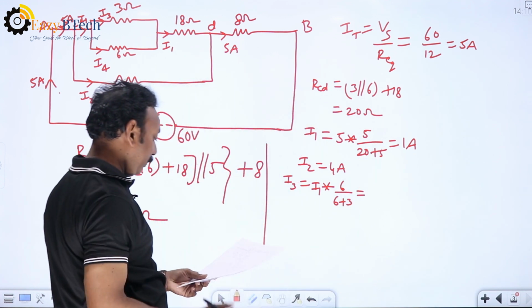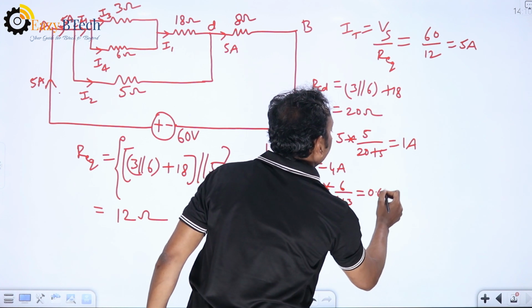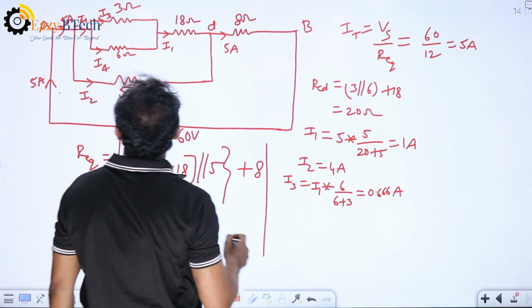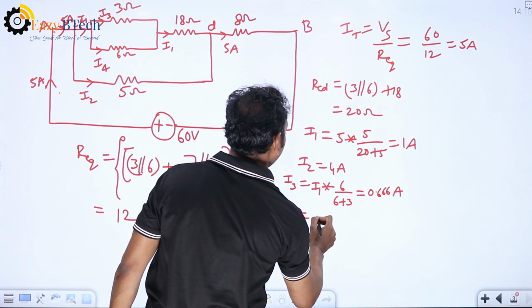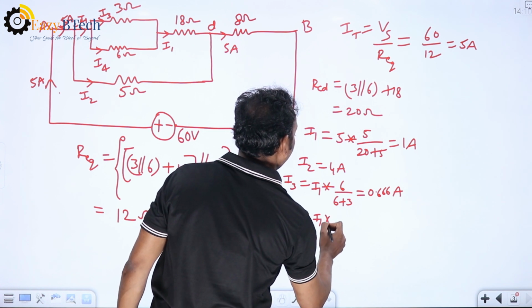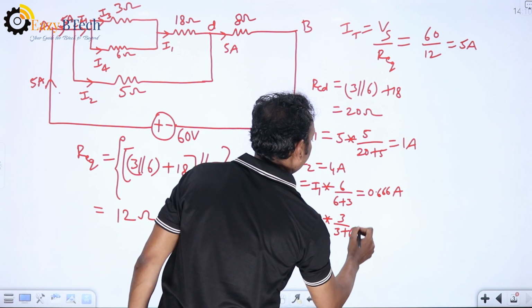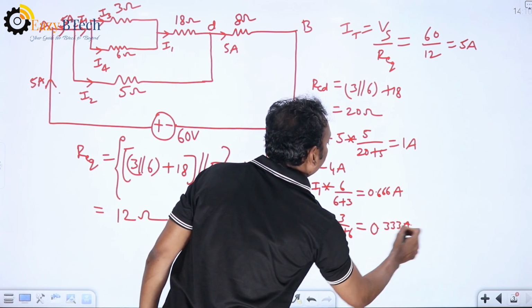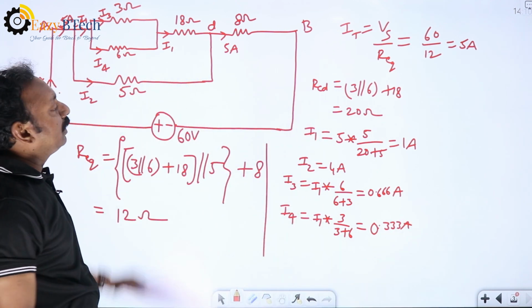I1 we already got as 1 ampere. Therefore, I3 will be 0.666 ampere. Similarly, I4. I4 is the current through 6 ohms. That is total current I1 into 3 divided by 3 plus 6. So, you will get 0.333 ampere.